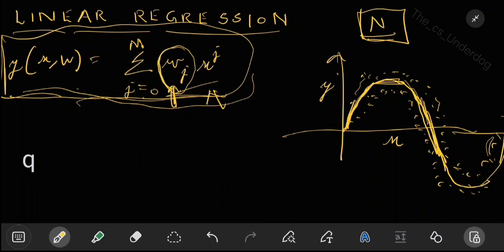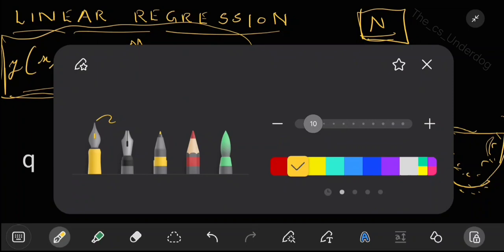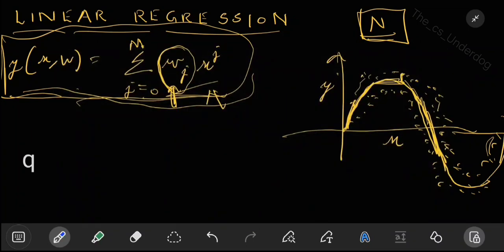For that, we will say we have a condition. That is, we want to make a curve which best fits all these points. How can you best fit all these points? For that, you want a curve such that if you see the distance between each of those points and this curve, let us say you took all these distances from all these points to the curve, and you add up all these distances, that total sum should be the least.